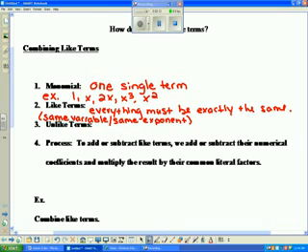Same variable, same exponent. So an example of that, we could have 2xy and negative 3xy. Those are like terms, because we have the same variables, they have the same exponents, and we can have different coefficients.